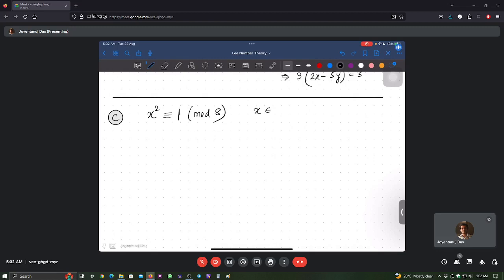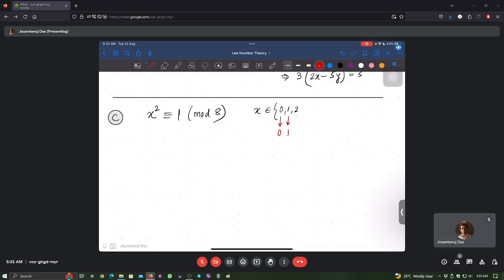Right. So here actually you can verify. If x is a solution, x belongs to 0, 1, 2 up to 7, right? So you can verify for which x, x square is actually 1 mod 8. Individually, 0 will not work. What about 1? Yes, 1 works. 2? No, 2 will not work.